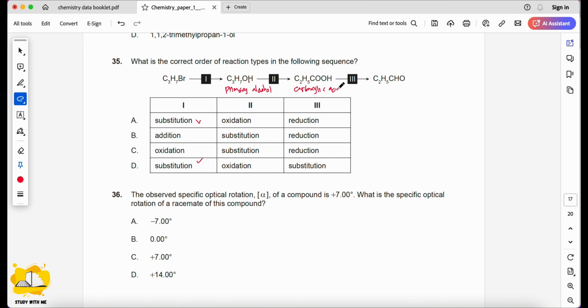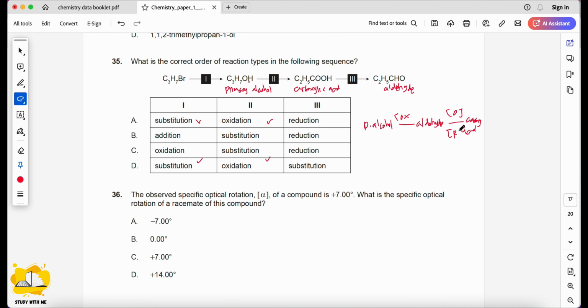So this is oxidation, and this is the aldehyde, as I said. So from a primary alcohol, if you do oxidation, it will produce an aldehyde, and then if you do oxidation again, it will produce a carboxylic acid. So this is oxidation.